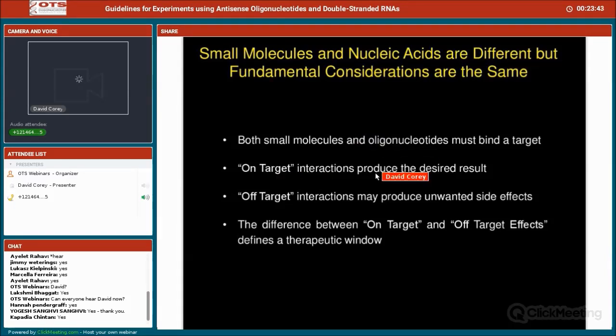That means there are going to be on-target interactions that produce the desired results, for example, controlled gene expression to affect the disease favorably. But there are also going to be off-target interactions that produce unwanted side effects. And you're always going to get off-target interactions with any synthetic molecule. The key is that you want the difference between on-target effects and off-target effects to be as wide as possible. That's the therapeutic window, and it marks a successful drug development program if the size of that window is something that works for patients.